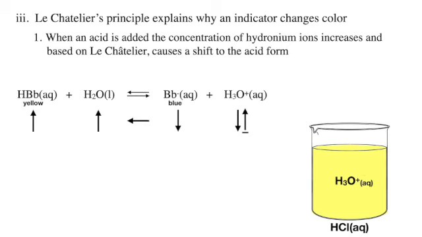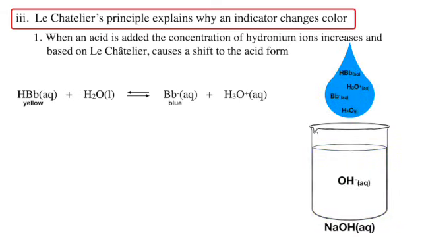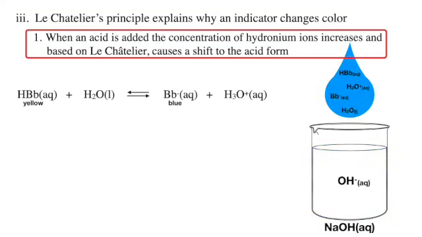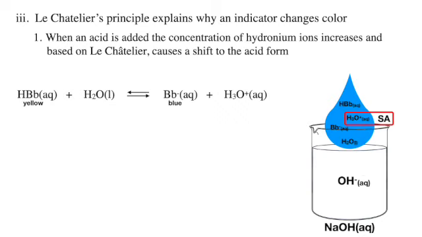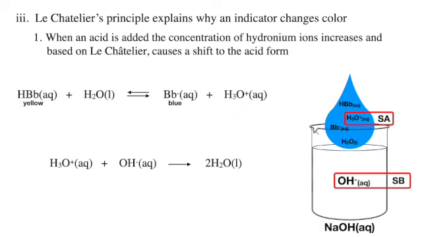Same thing if we were hitting an ocean of base. The drop comes in, hits this ocean of base. A side reaction happens between the strongest acid, hydronium, and the strongest base, and we make water. The water that it makes won't affect the concentration of water in the reaction because the water is 55.5 moles per liter.